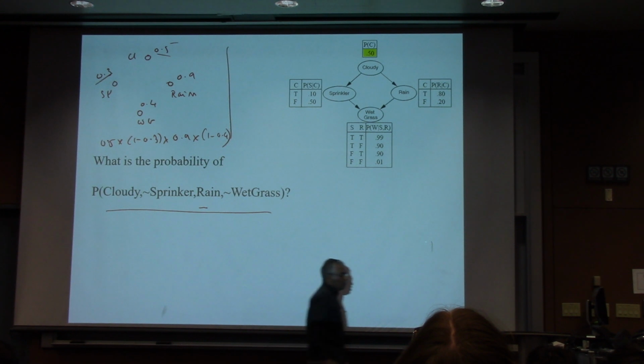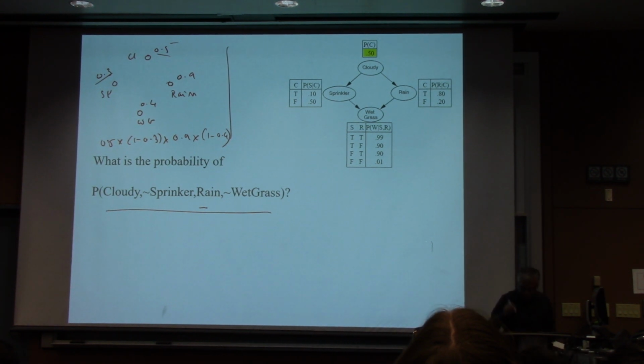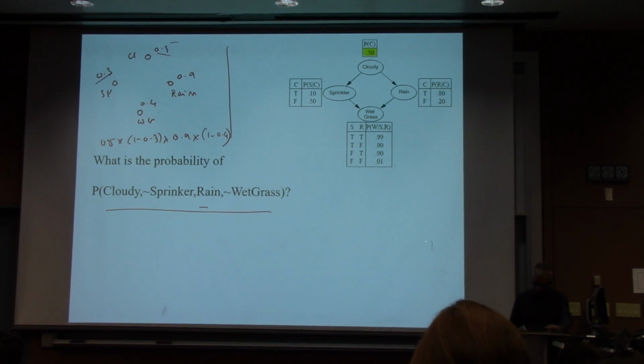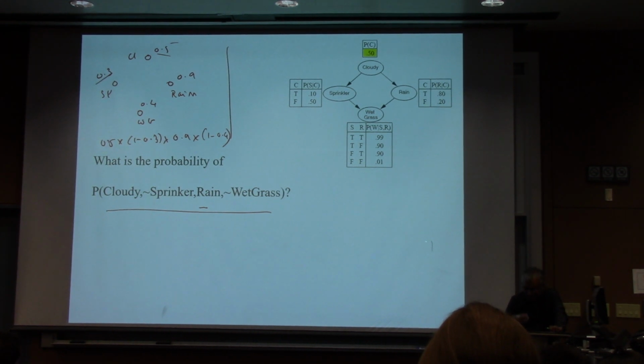That's a number. That is the number corresponding to this joint distribution if that is your network. Now I want to know the number corresponding to this network. So what is it? In essence, you can write this in reverse topological order first: probability of not wet grass, then rain, not sprinkler, cloudy.